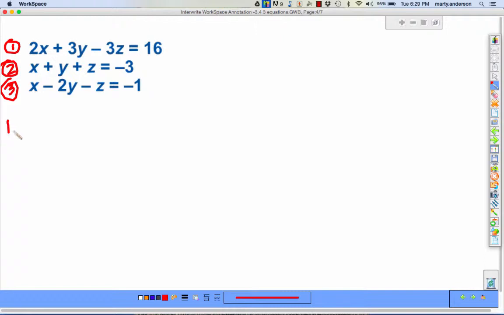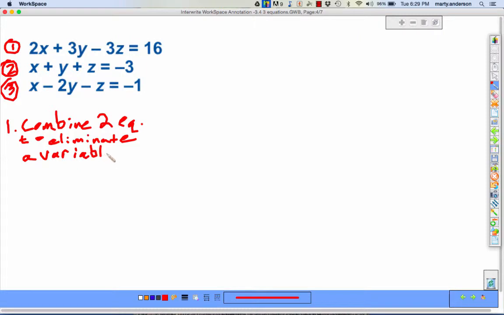So step 1 will be combine two equations to eliminate a variable. We're going to use elimination here a lot. I look at this and I see z and negative z. So I'm going to do 2 plus 3.